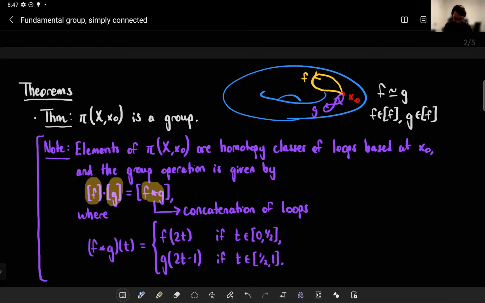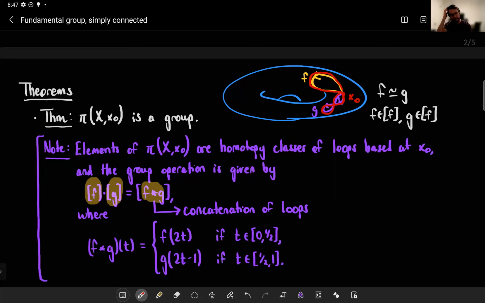So how do I concatenate these things? Well, I just traverse the first one, and then I traverse the second one. And what you notice is that concatenation, the red thing, is still a loop based at x0, which is good. That's going to guarantee us closure, saying that if I quote unquote multiply two loops together, I still get a loop.